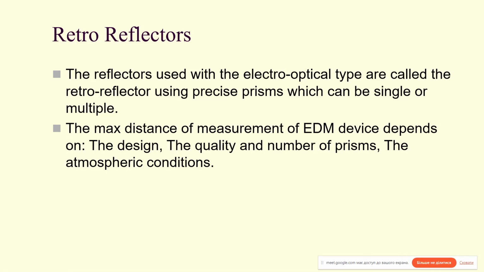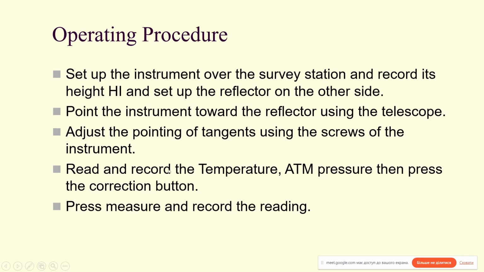The maximum distance of measurement of an EDM device depends on the design, the quality and number of prisms, and the atmospheric conditions. The operation procedure: set up the instrument over the survey station and record its height, and set up the reflector on the other side.